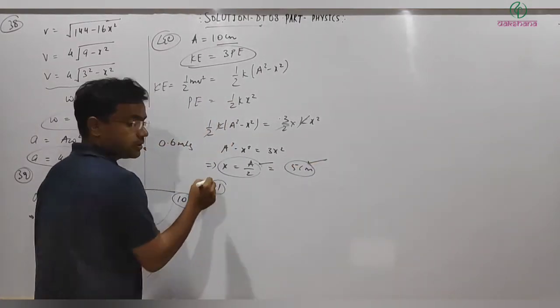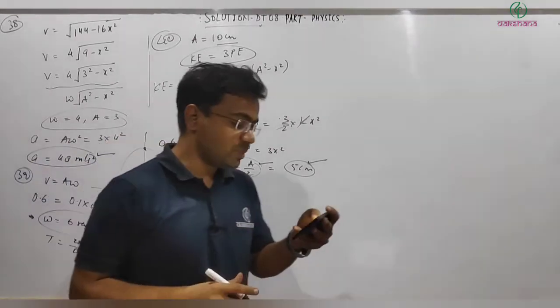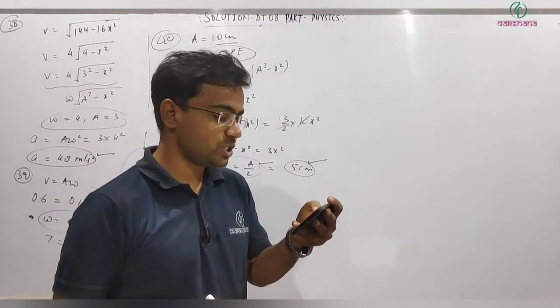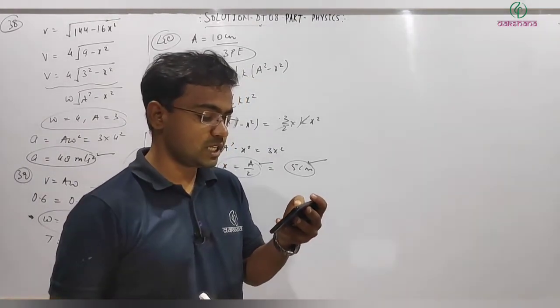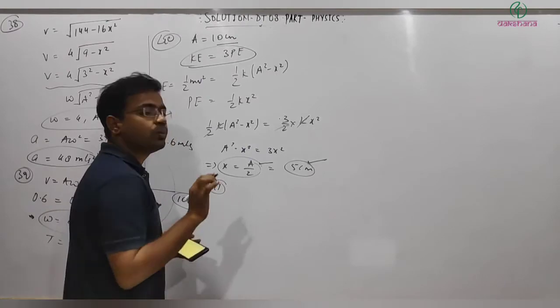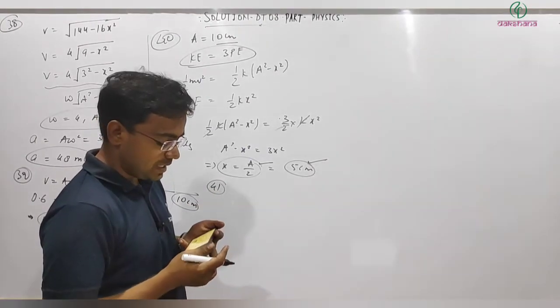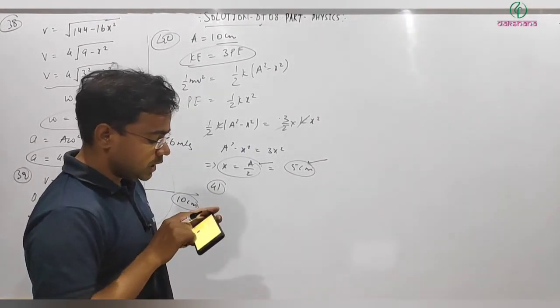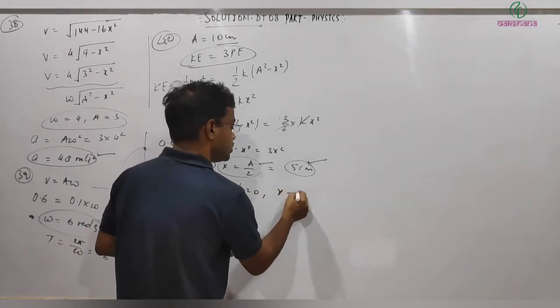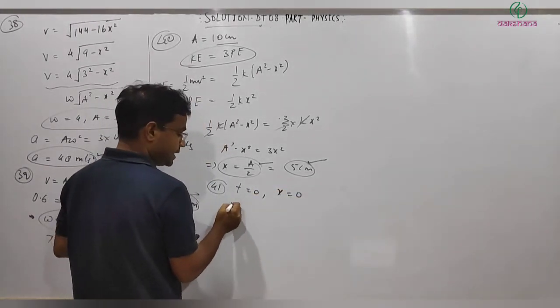Next, 41. A particle is oscillating simple harmonically from its equilibrium position, then find the ratio of kinetic and potential energy of the particle at t by 12. So let me get the position of the particle at t by 12, and it's given from its equilibrium position. So at t is equal to 0, the particle is at x is equal to 0, and then I can write x is equal to how much?